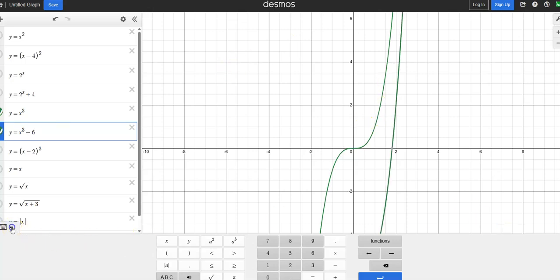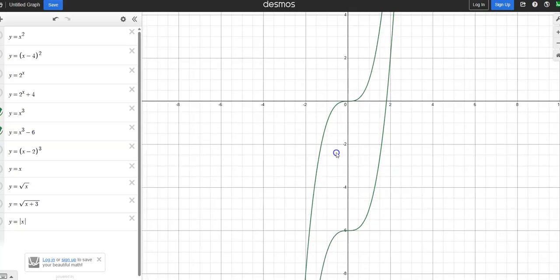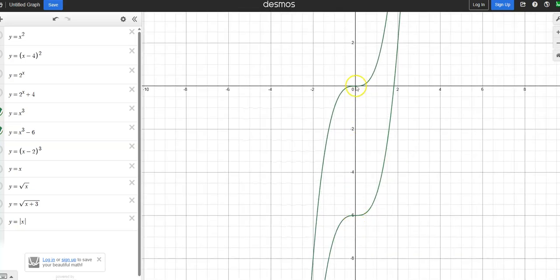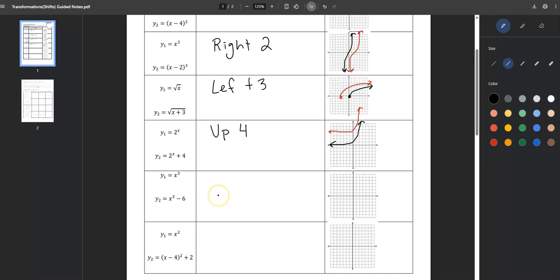So no parentheses. This one we've got to move just a little bit, but that's gone from 0, 0 to 0, negative 6. You guys hopefully can see that. It has been moved down 6. Usually this function goes like so, but now that point is down here at negative 6.